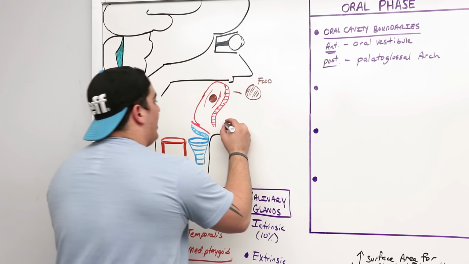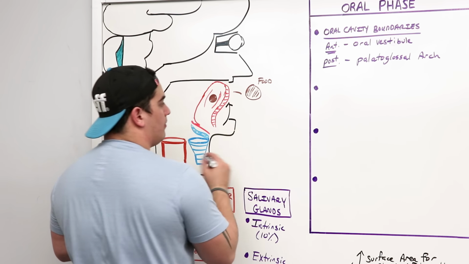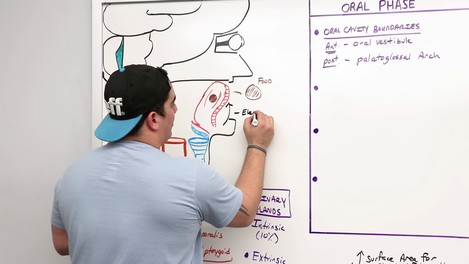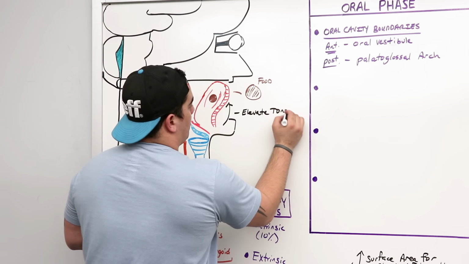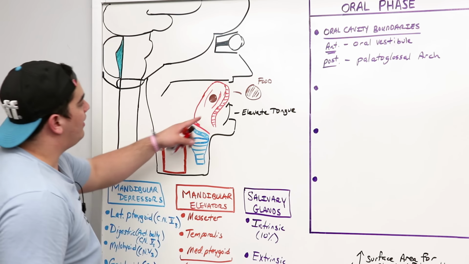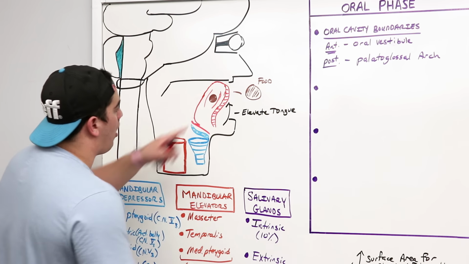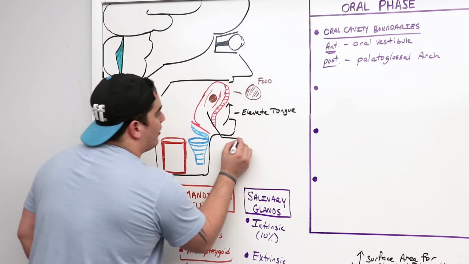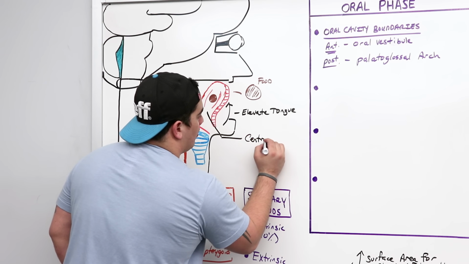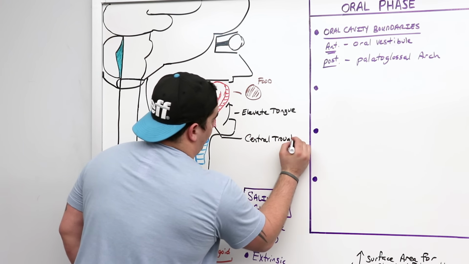One, we had to elevate the tongue. Second thing is we had to form a central trough.